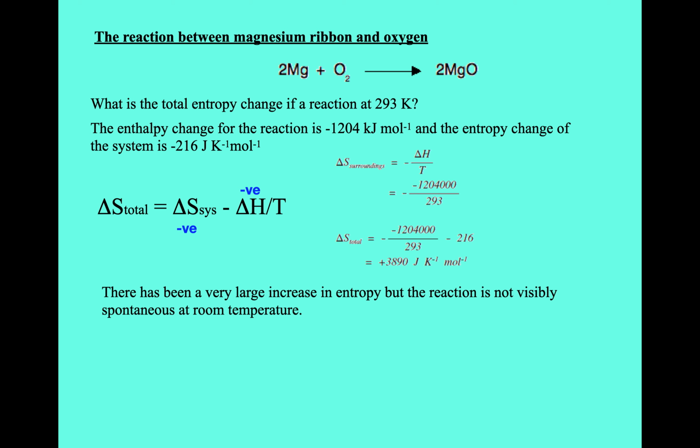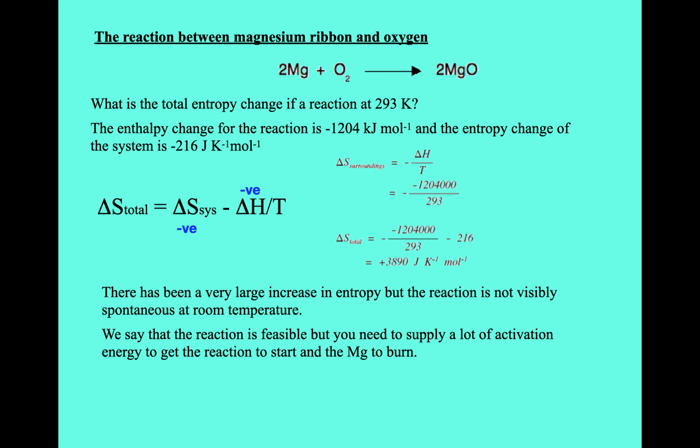Thing is, it's not visibly spontaneous at room temperature. What do we need to do? We need to give it a kickstart, don't we? And that's where the Bunsen came in. The reaction is feasible, it's spontaneous, but you need to supply a lot of activation energy to get the reaction to start and the magnesium to burn. But remember, the definition of spontaneous was the process will continue, once started, will continue without any further external influence.